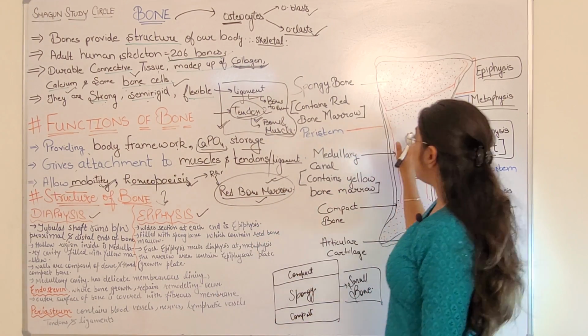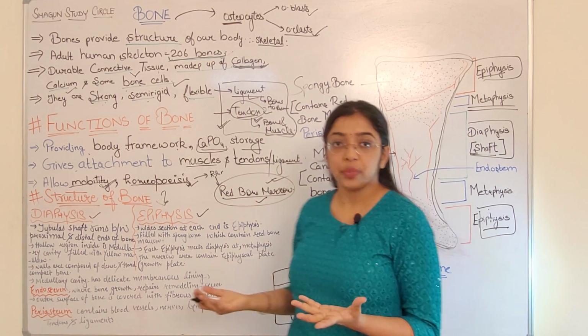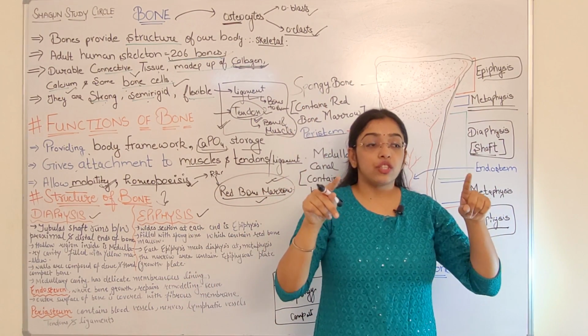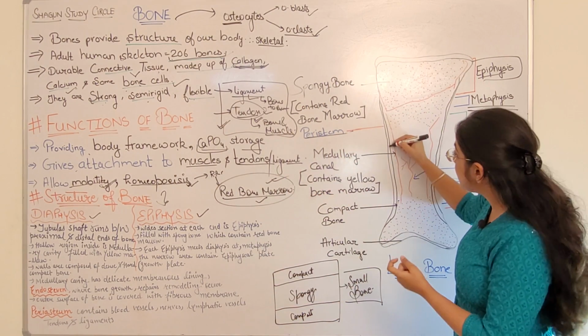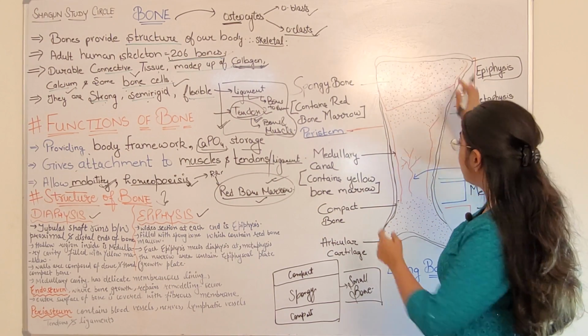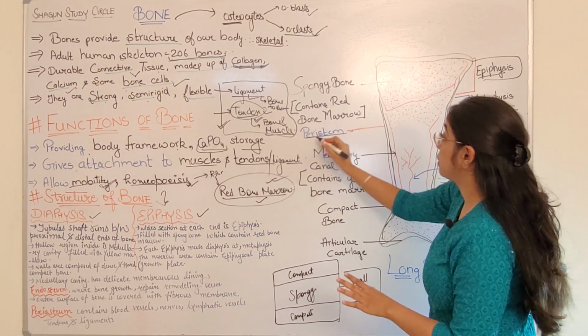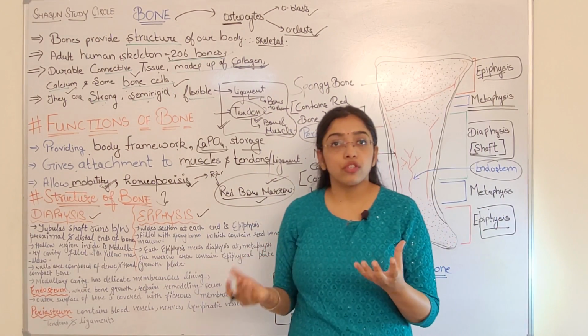So let's begin with another term, that is periosteum. What is periosteum? Periosteum is a layer which just encloses all of our bone. As you can see, I have drawn this layer. Again there are two terms, periosteum and endosteum. Endo refers to inside.